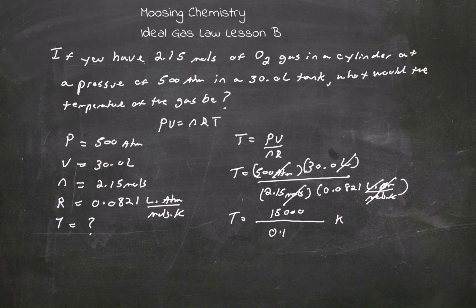Let's just call it 0.18 because it's 0.176. So our temperature is going to be 15,000 divided by 0.18. The temperature is going to be 83,333.33 Kelvin. That's pretty darn hot.